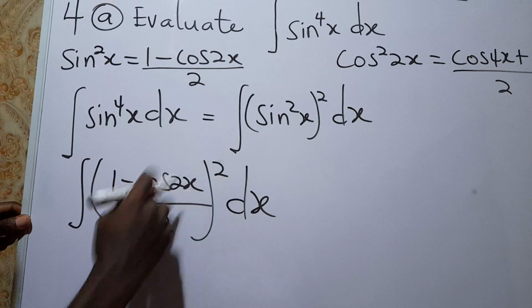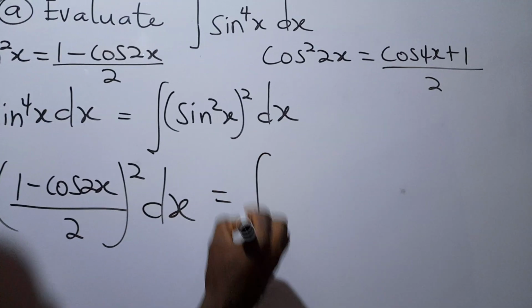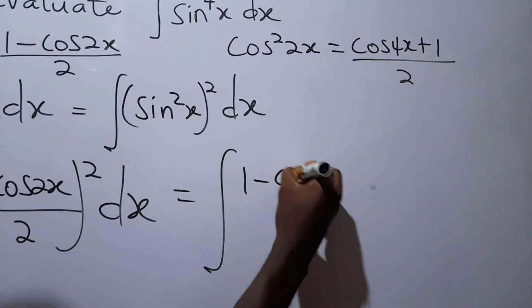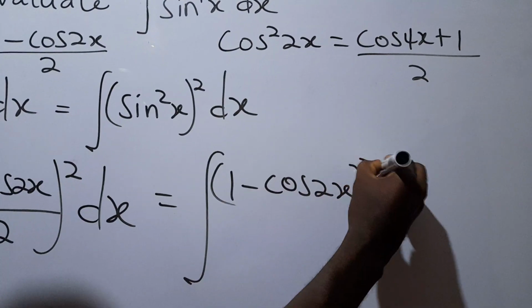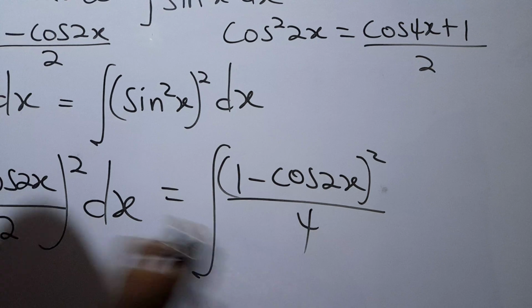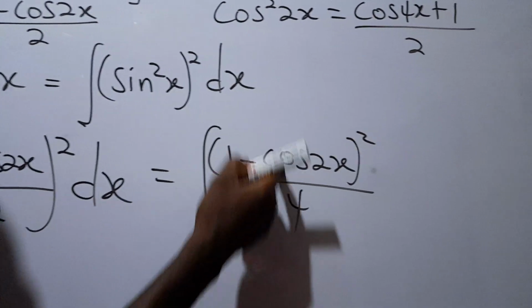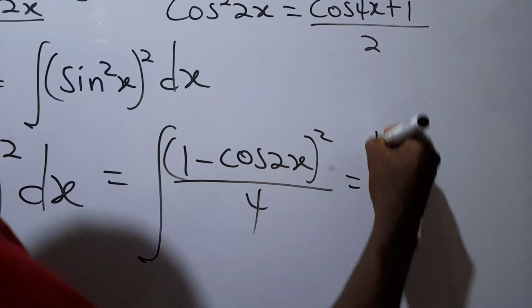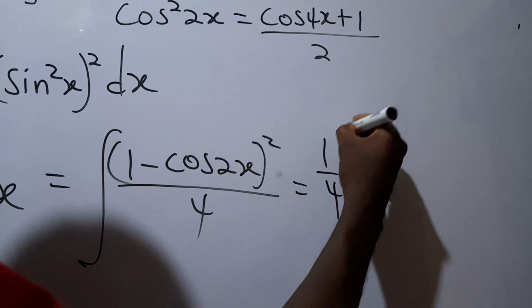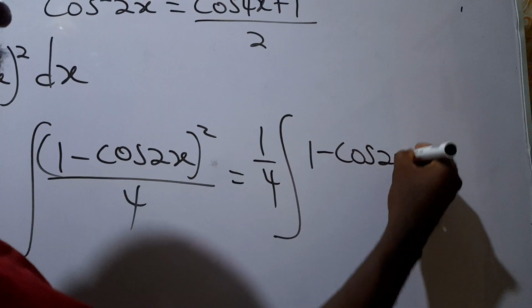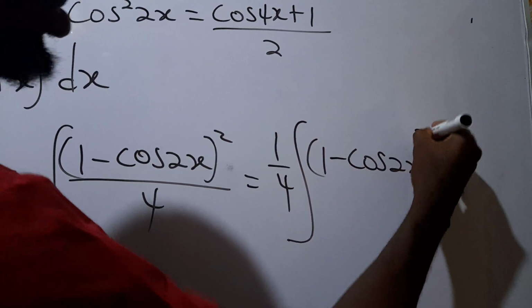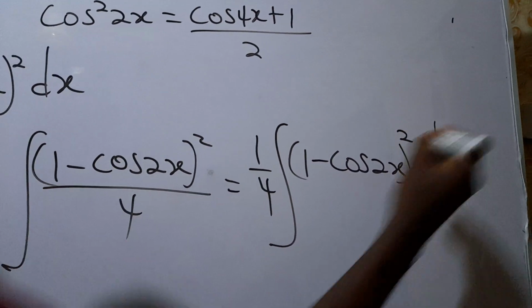When we square this, we'll get the integral of 1 minus cos 2x all square all over 4. That's 2 squared is 4. Now this is 1 over 4. I can bring it out, so I'll get 1/4 the integral of 1 minus cos 2x all square dx.